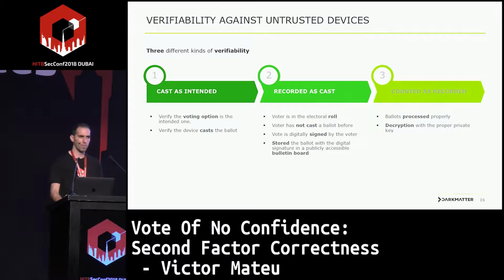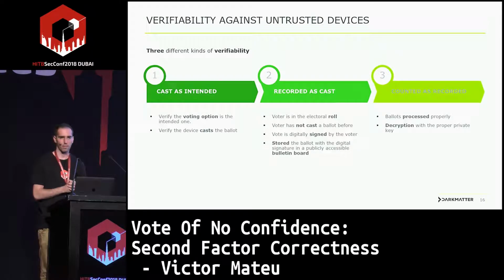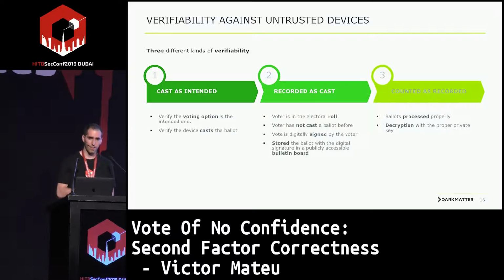Previously we were talking about verifiability, and this is mostly what we want to do. We want to verify that the vote that we want to cast is the vote that is sent over our device. So in an election, there are 3 steps of verifiability. One is this step from the voter through the output of the voting device.